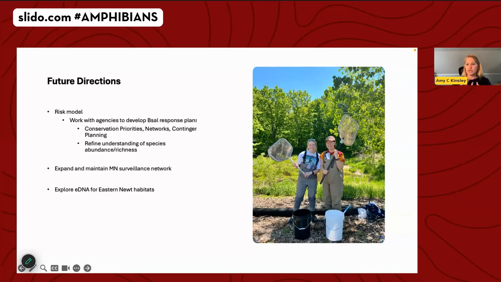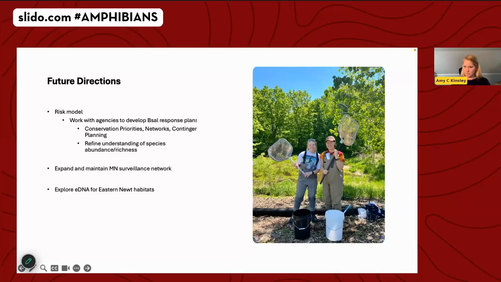We want to strengthen our surveillance networks and develop contingency plans so that if Bsal were detected, the communication networks have been built out, the potential scenarios or what-ifs have been explored, the trade-offs have been thought of, and what next steps need to be taken to really implement things on the ground.